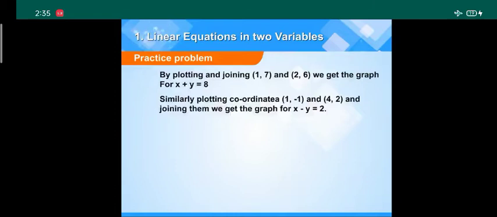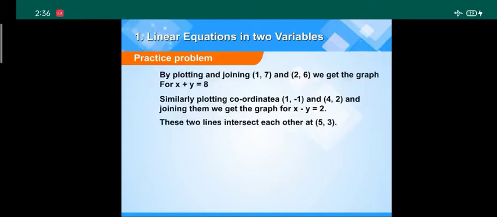Similarly, plotting coordinates 1, minus 1 and 4, 2 and joining them, we get the graph for x minus y is equal to 2.